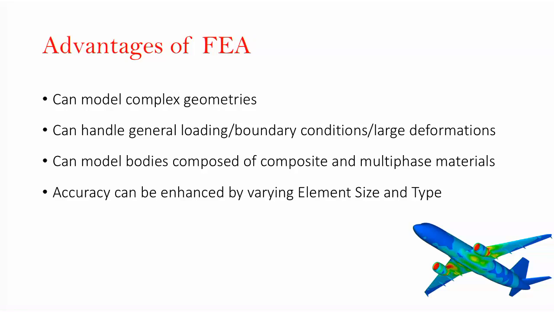And FEA is a very powerful tool that allows us to play around with the accuracy and the speed of solving the equation. So we can just adjust that depending on the situation and the physics of the problem that we want to solve.